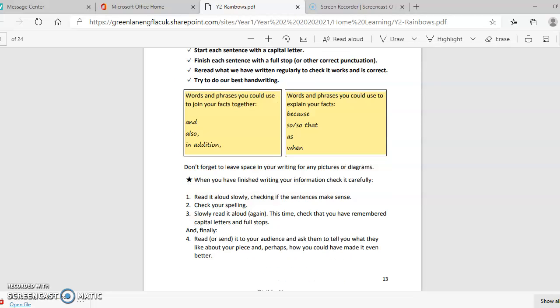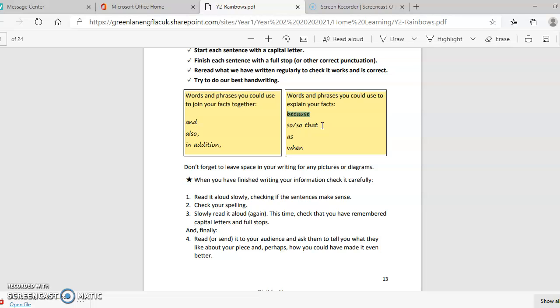And we could also be using conjunctions in our work. The word and, the word because. So giving reasons to why. So a rainbow is formed when the raindrops hit the light at a certain angle.